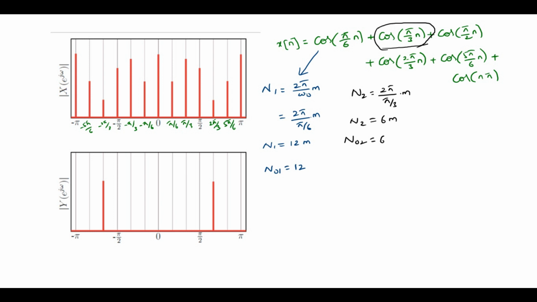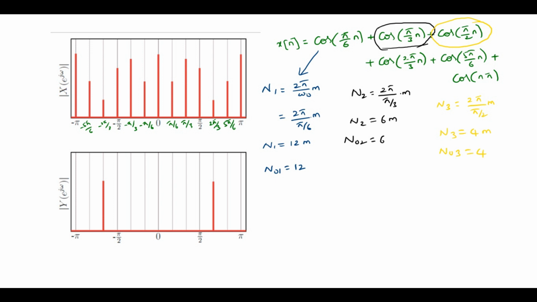Next, the third one, cos(π/2 n). N3 is (2π/(π/2))·m, so it is 4m, and the fundamental time period is 4.